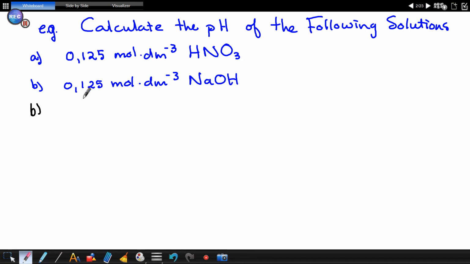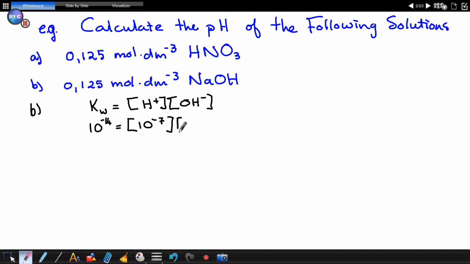Just to take you back a few steps, Kw is the concentration of the hydrogen ions times the concentration of the hydroxide ions, and this we know is 10 to the minus 14. In a neutral solution, the concentration of the hydrogens would be 10 to the negative 7, and the concentration of the hydroxides will be 10 to the negative 7 as well.